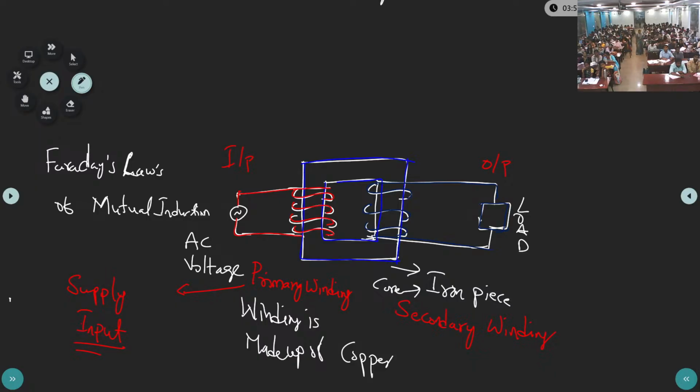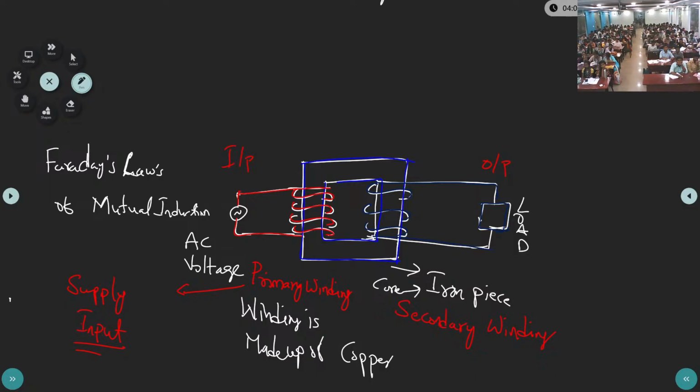Is there any connection between them? No, there is no connection. But even though we are getting output, there is no connection between primary and secondary. There is no connection between input and output in the transformer.